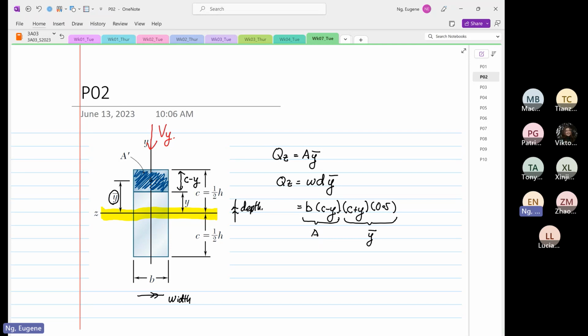For example, if I put this as 4, the bottom line over here is 4, and if I put this at 6, and the Y bar is the defined area centroid, what is Y bar equal to? Can anyone make a guess? Anyone? No?